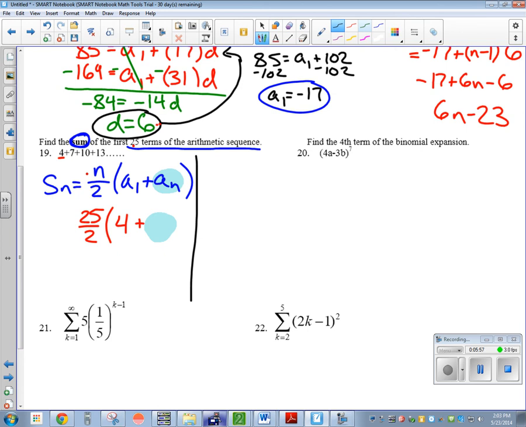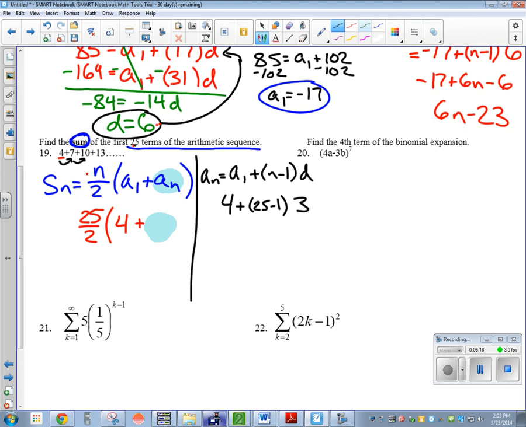So, in order to find it, I'm going to do the arithmetic sequence formula. A sub 1 is 4 still. N is 25 because I'm doing 25 terms. I'm trying to find the 25th term, minus 1, and the difference each time.